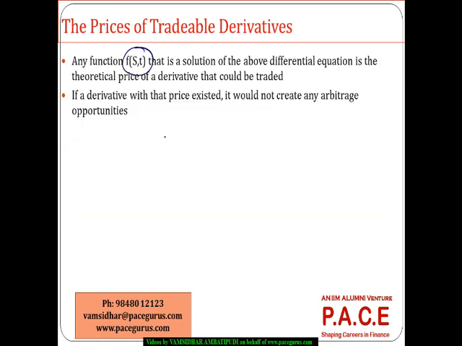Let's say I want to talk about the forward price. We know that the forward price of any security is S minus K e^(-r(T-t)). So this is what I am calling the price of the derivative. K is the delivery price.